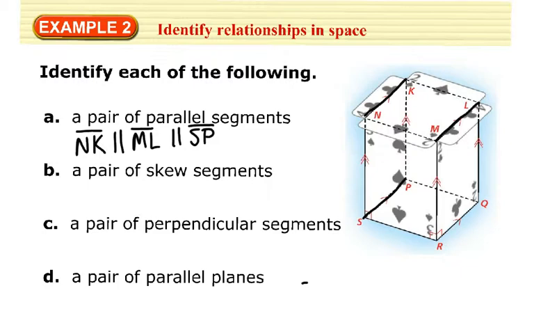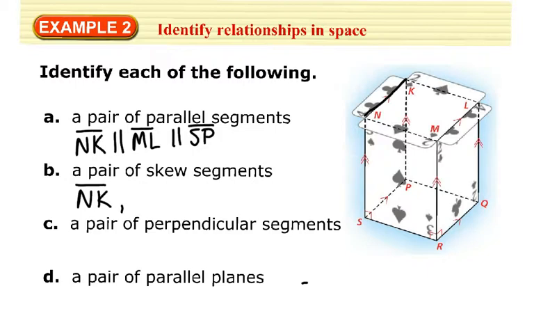Now let's name a pair of skew segments. Let's look at that segment NK again. Start out with it. And then identify a line that is skewed to the segment NK. Now, whenever I do something like this, lines that are kind of going left to right, then I want to find something that's going up and down.